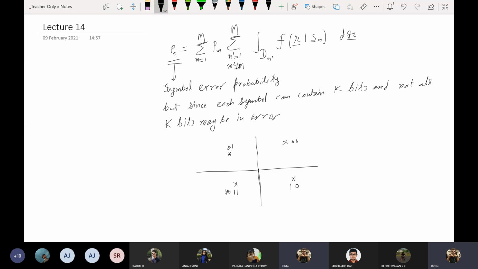So if this gets misdetected as this, then the higher bit is okay, the lower bit is misdetected. Here the lower bit is okay, the higher bit is misdetected, and so on. So in nearest neighbors, you get just one bit error for each symbol error, right?